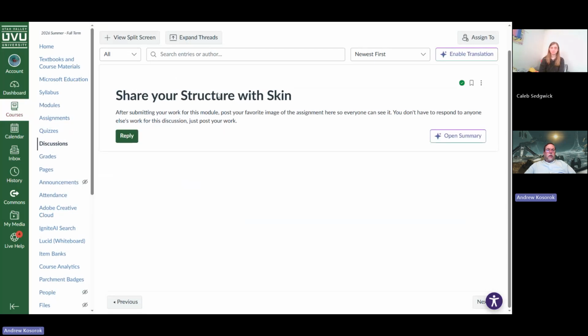Cool. Okay, so everybody, this is module 3, the discussion that says "Share your structure with skin." Use that to coordinate with Caleb and each other about sharing textbooks or whatever you need to. And if you guys want to give each other contact information, that is just fine.